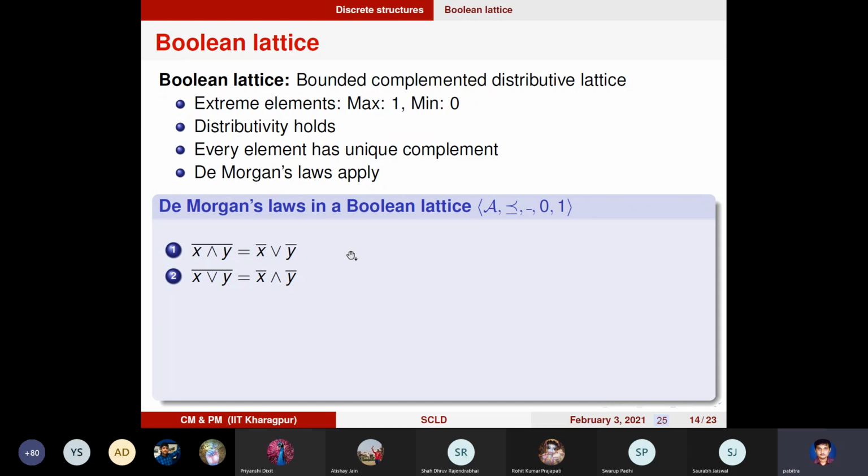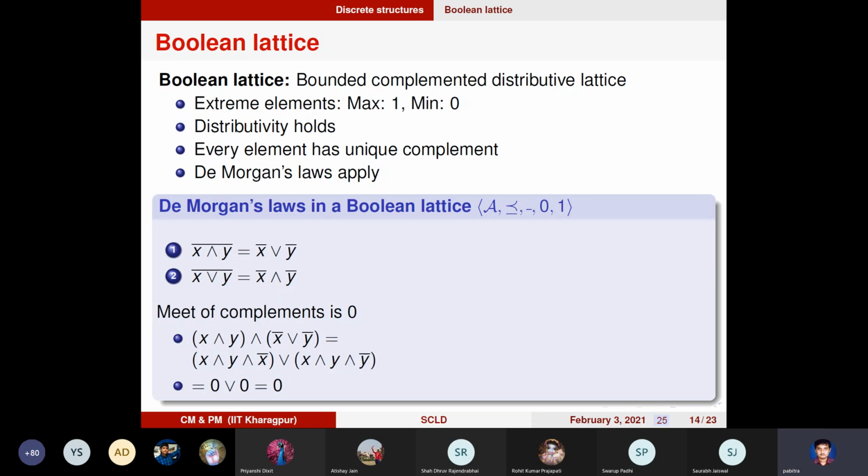I am just doing the reverse. And similarly there is this other form. This arises from the duality, the symmetry of the distributive lattice.